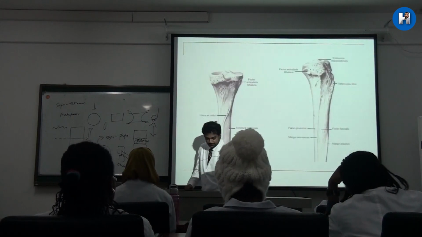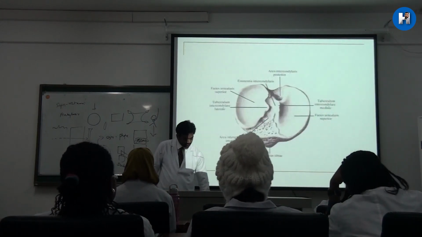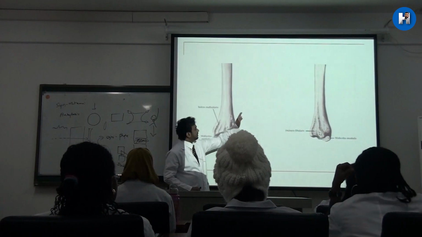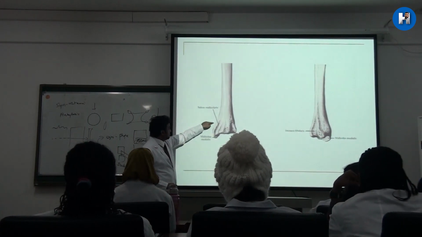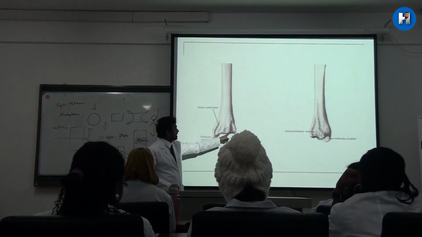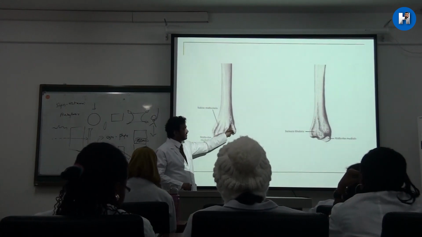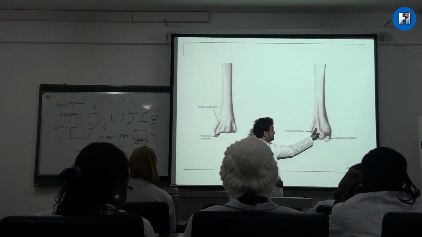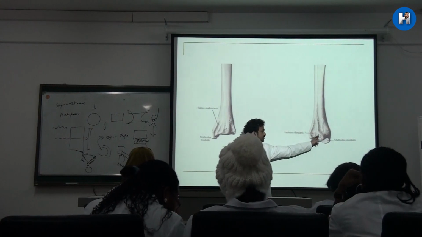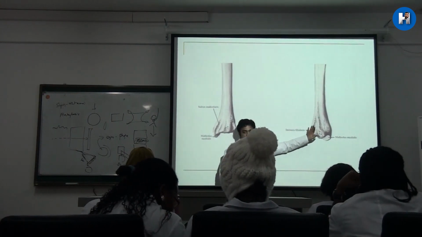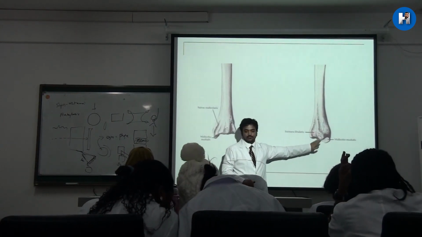Clear? Articular surface will be there. Lower part, yes. Again you can see medial malleolus, and you can see this is called incisura fibularis, where the lower part of fibula will come and attach.